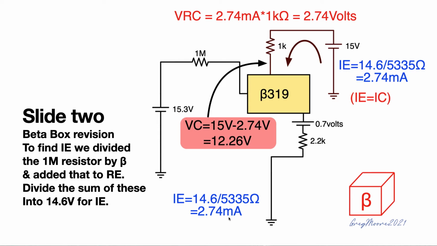Very, very close indeed. Once we've got that, knowing that IE is equal to IC, we can put that current into the 1K resistor, get the voltage across the 1K resistor, subtract it from 15 volts, which I've done here, to get 12.26 volts on the collector. Very, very tidy, very nice, very easy to work with.